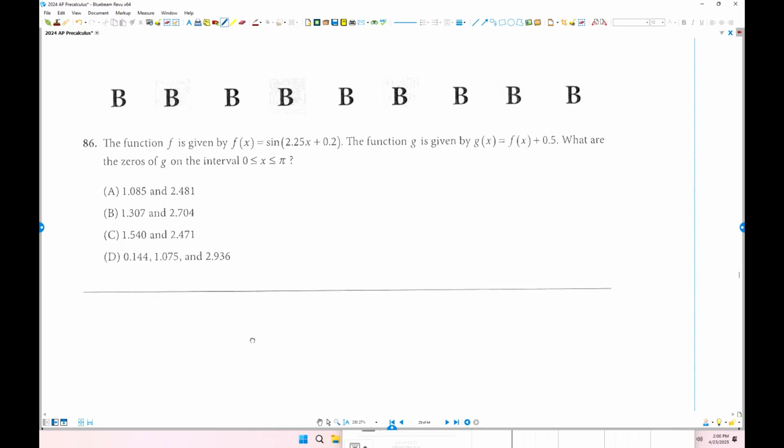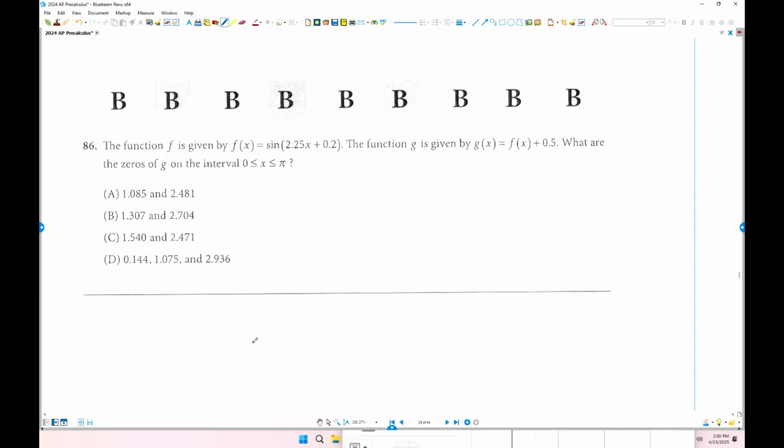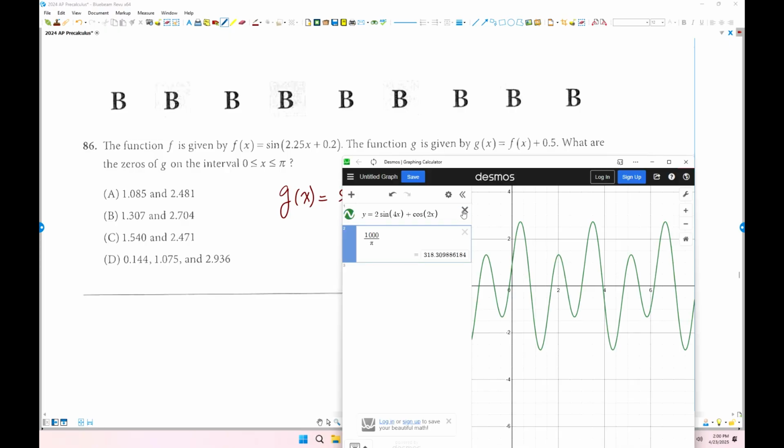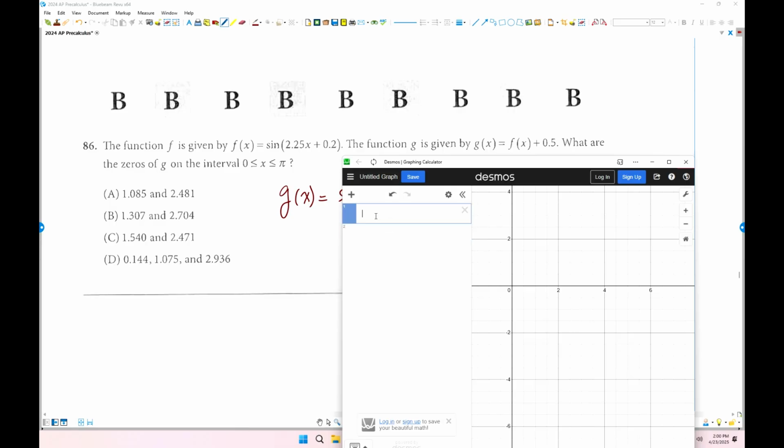The number 86. We have sine functions there, f of x plus 5. What are the zeros over here? So the new function d of x is sine 2.25x plus 0.2, and another one more, 0.5. That's the graph over here. So using your calculator, you can find the zeros, which are the x-intercepts.